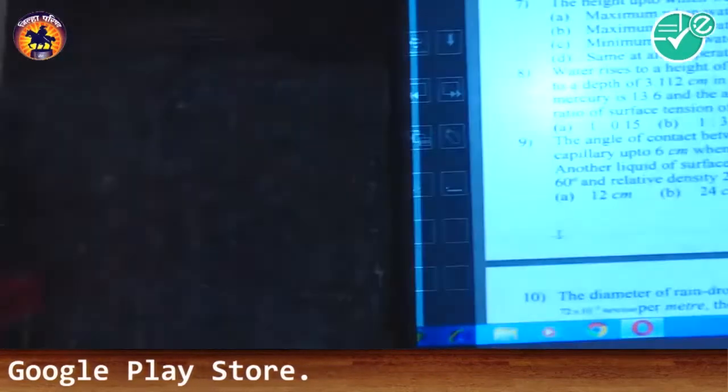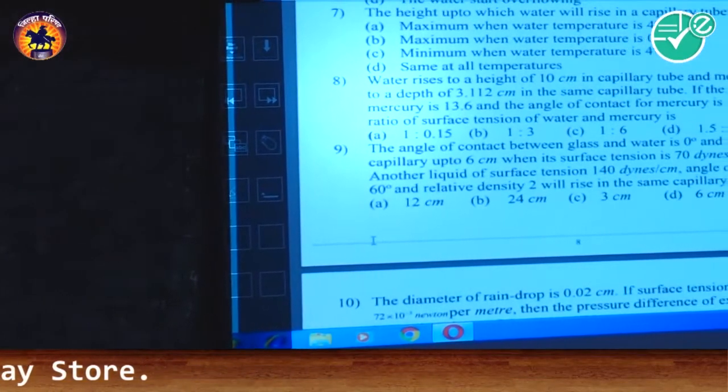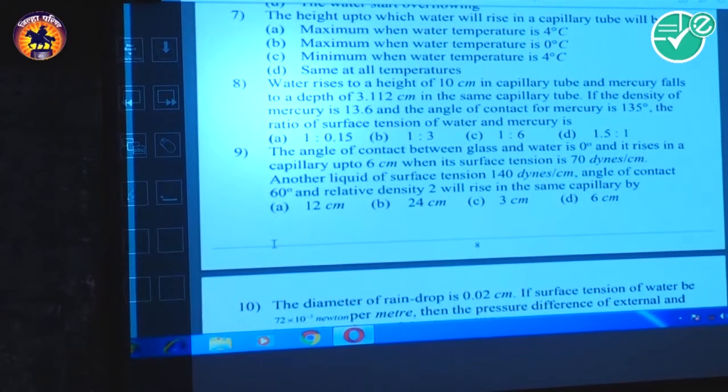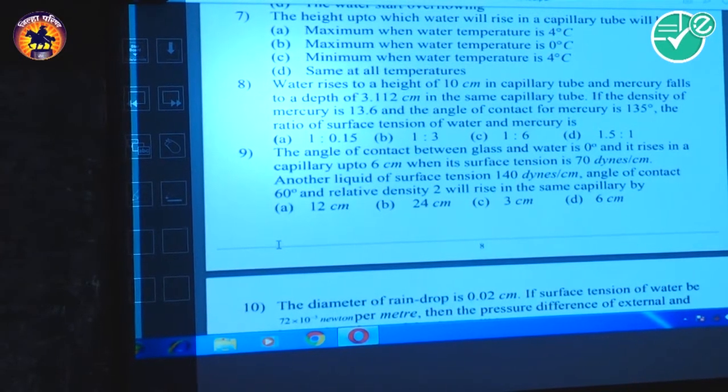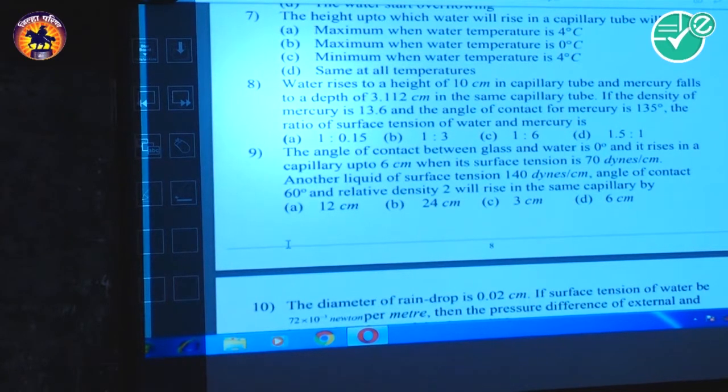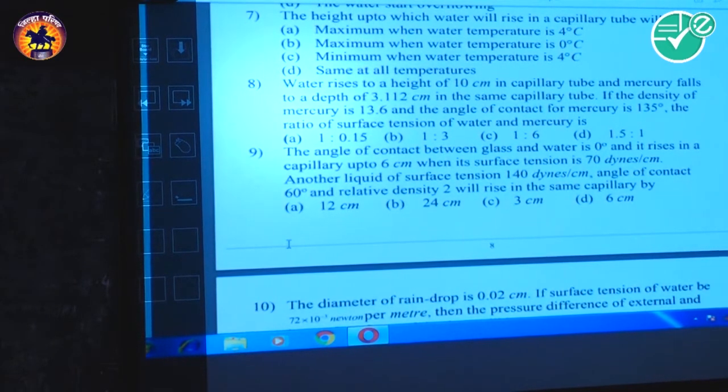Here the angle of contact between glass and water is 0, and it rises in a capillary up to 6 cm when its surface tension is 70 dyne per centimeter. Another liquid of surface tension 140 dyne per centimeter, the angle of contact is 60 and relative density is 2, will rise in the same capillary tube by.